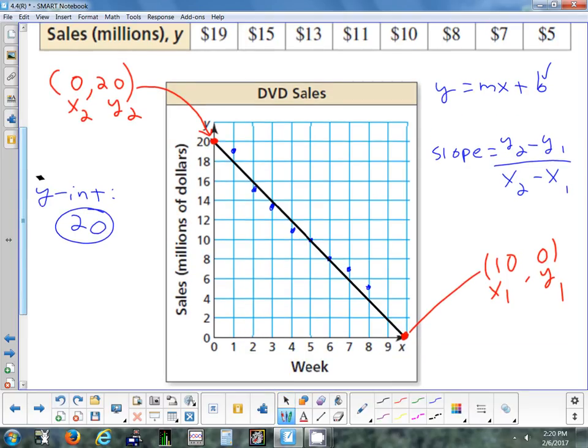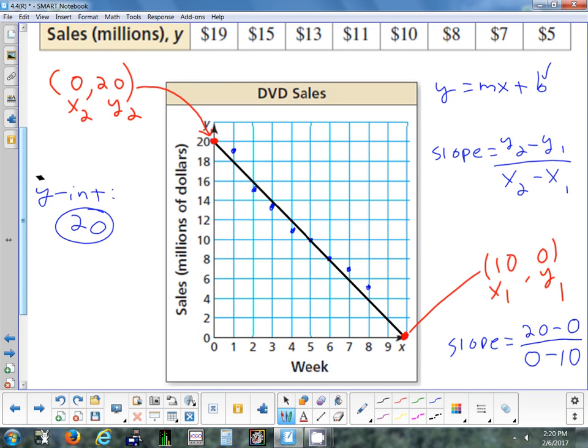Okay, Marissa, what is y2? All right, so slope is 20 minus. What's y1? Natalie? 0. What's x2, Liam? 0. And what about x1? 10.